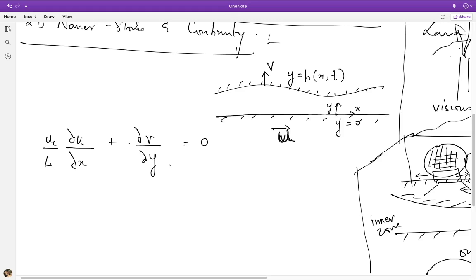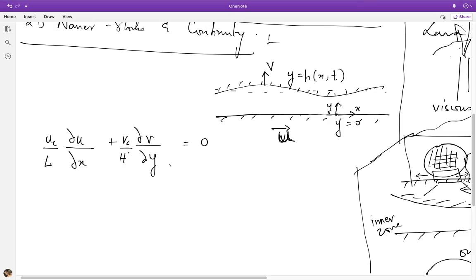Right, so I have U by L here. On this side I have V characteristic now, and then the length scale for the y direction, which you could take as some mean height of the surface. Let's just take it as capital H, where in this case H is some sort of mean reference height. So what H is exactly, again, will vary with the problem, right?